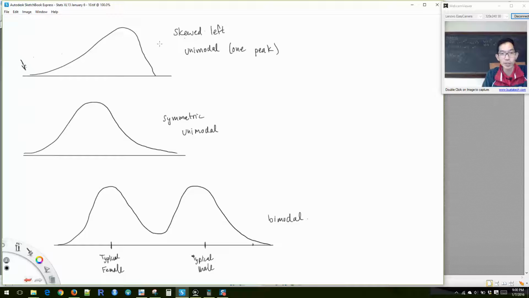This would be skewed left, and this is the left tail. What does it mean to have a value in the left tail? You have very low values comparatively to the other people. And this would be the right tail, and if my picture were good, the left and right tails would be equally sized here.